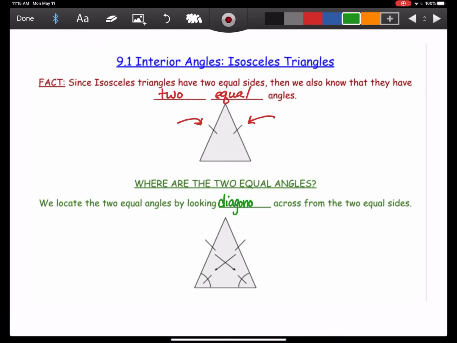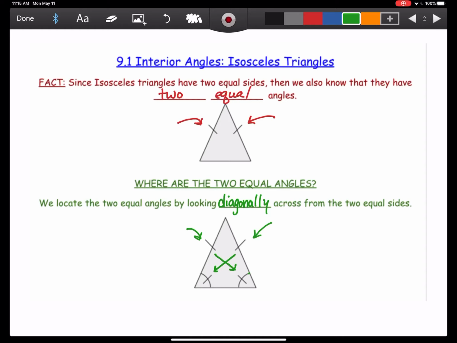Diagonally across from the two equal sides. So we find the two equal sides by locating the matching tick marks, and then we follow diagonally across from the two equal sides, and we find these two angles.